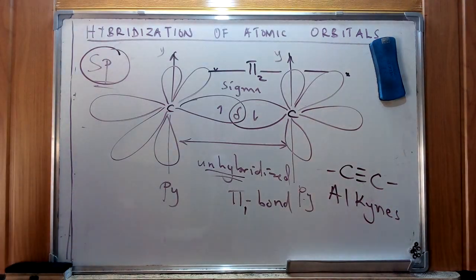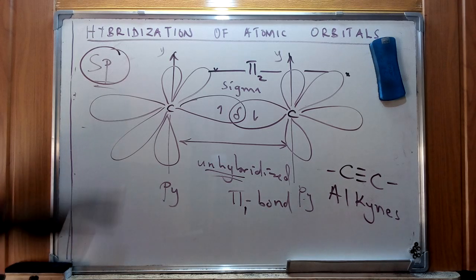So alkynes and analogous compounds that we are going to see comprise the sideways overlap of the corresponding unhybridized p orbitals, and therefore are going to form those particular corresponding bonds.